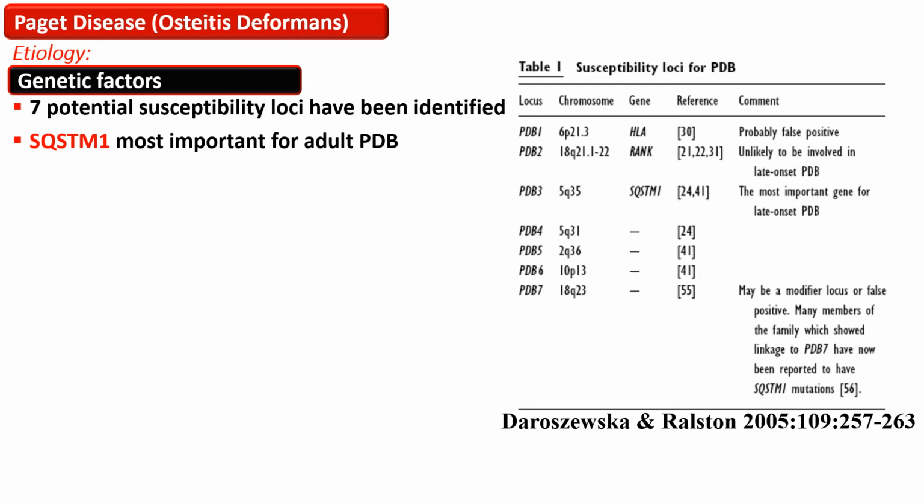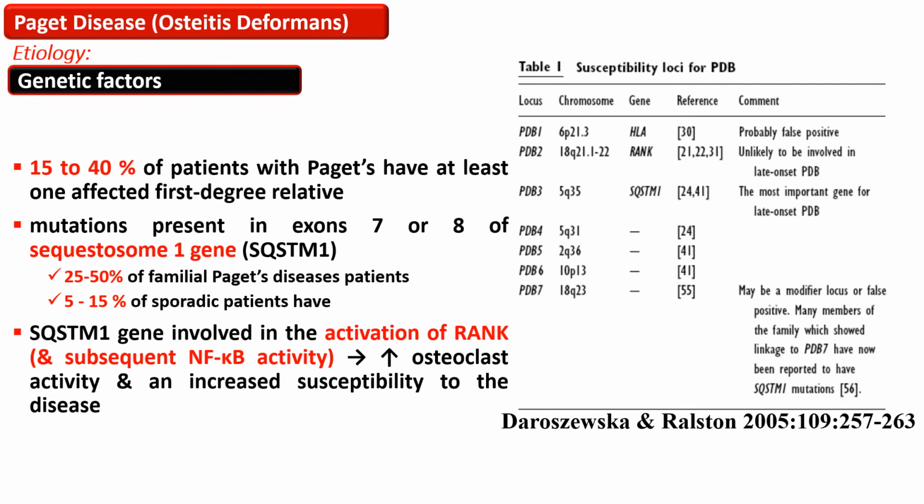The SQSTM1 gene, that is the sequestosome 1 gene, is the most important gene for adult Paget's disease of the bone. 15 to 40% of the patients with Paget's disease have at least one affected first degree relative, and 25 to 50% of the patients who have familial disease, and 5 to 15% of the sporadic cases show this characteristic mutation that is present in exon 7 or 8 of the sequestosome 1 gene.